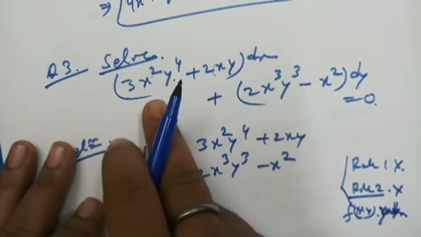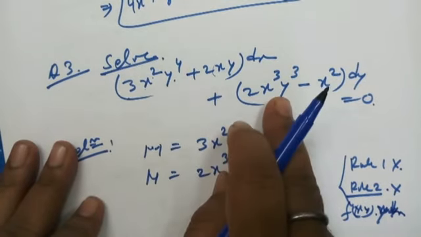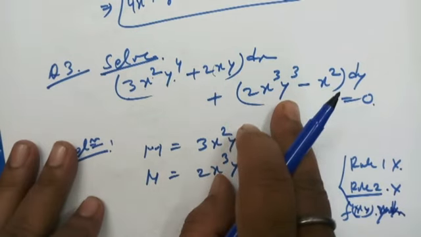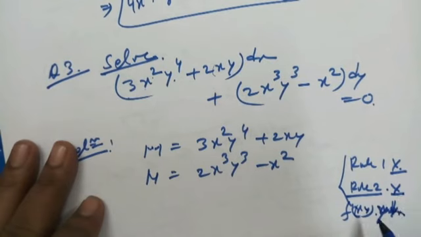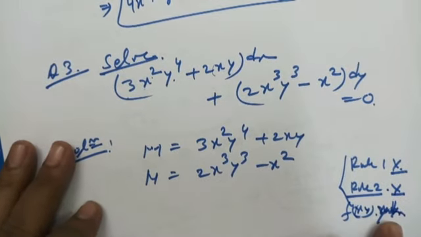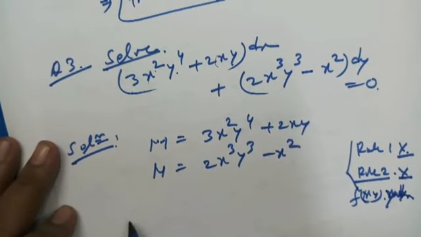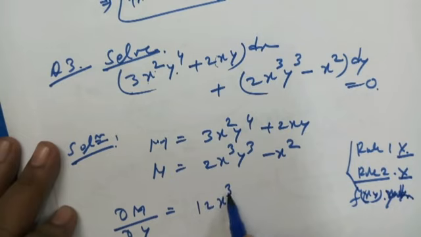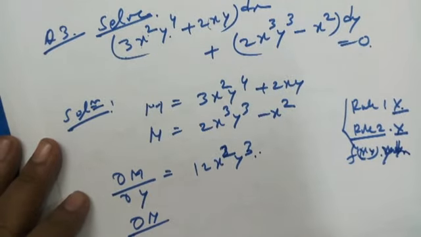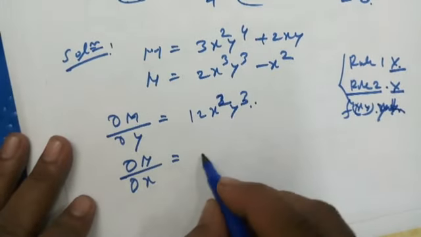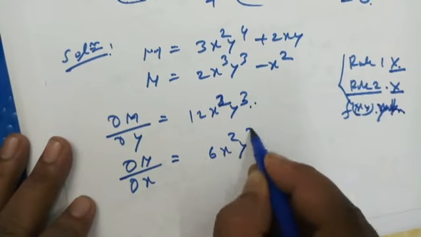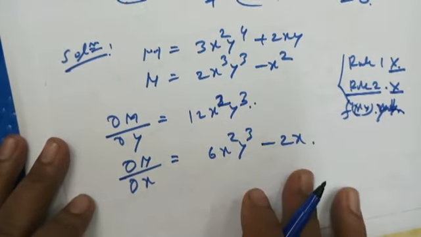So for finding the integrating factor of this differential equation, rule 1 and rule 2 are crossed, and it is either rule 3 or rule 4. Let's see. First of all, find del m upon del y, which is 12x cube y cube plus 2x, and del n upon del x is 6x square y cube minus 2x.